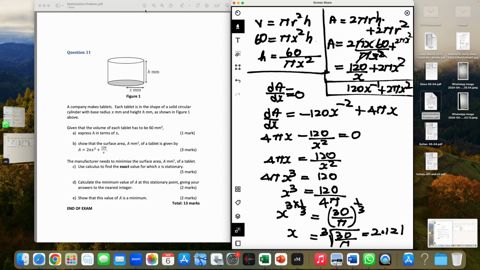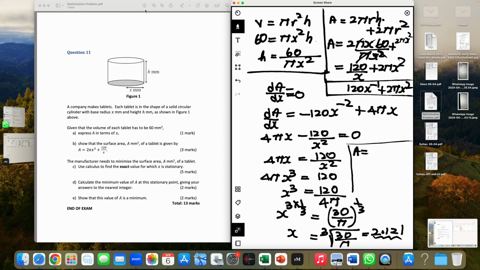Now see, use calculus to find the exact value of x for which A is stationary. We found it out. Now calculate the minimum value of A. Minimum value of A means you substitute 2.121 in the A formula. Where is the area?